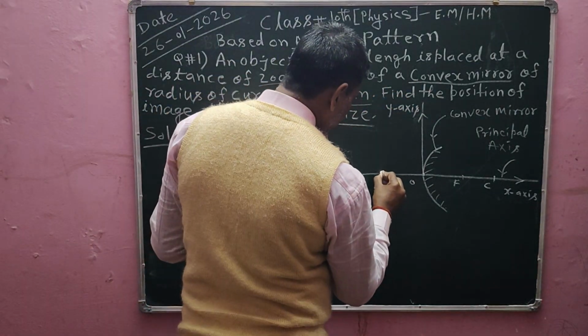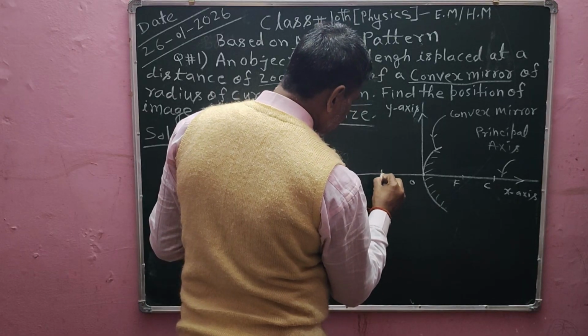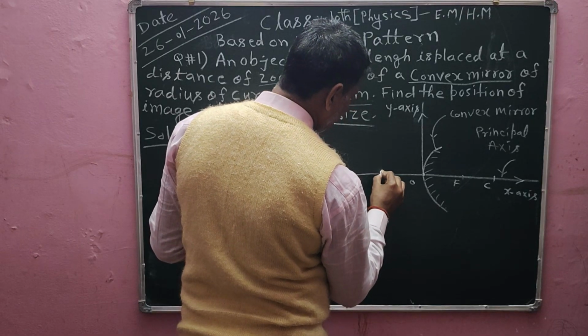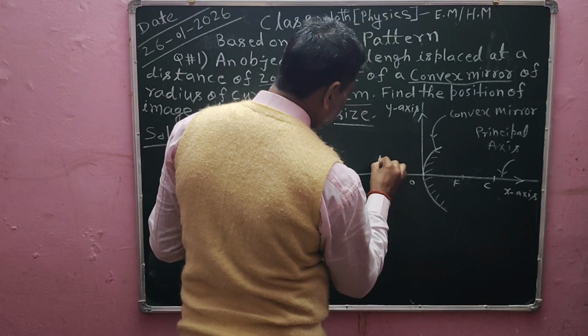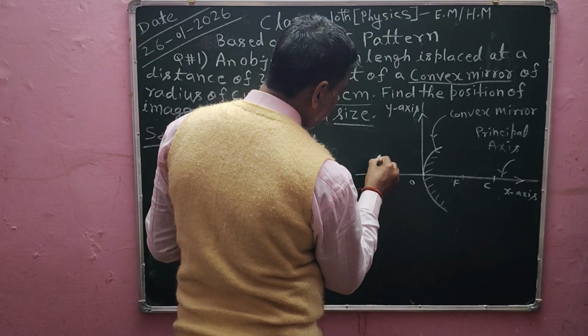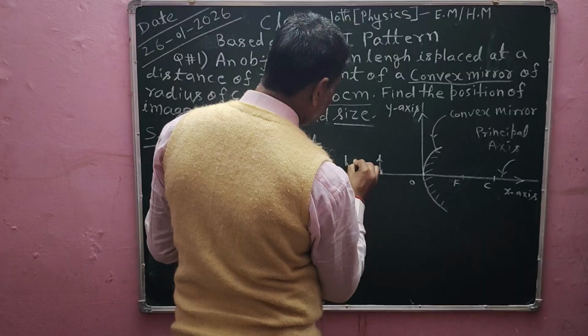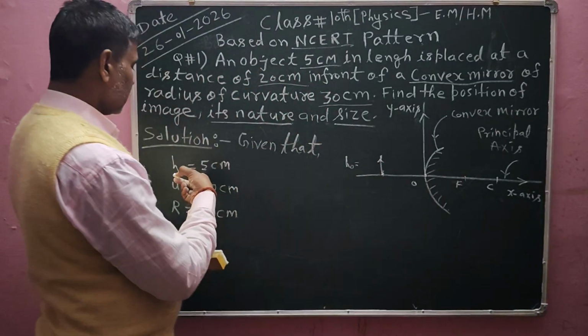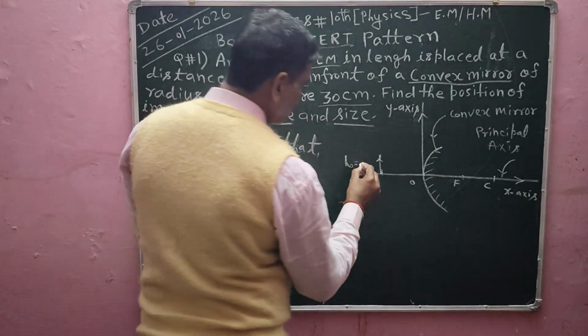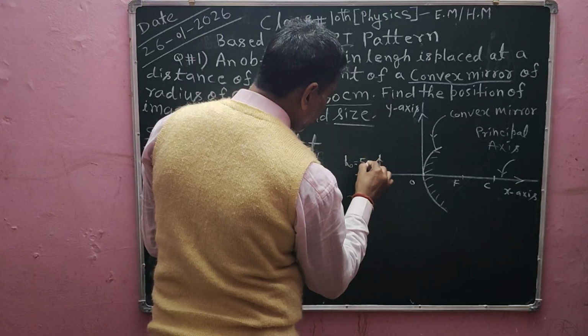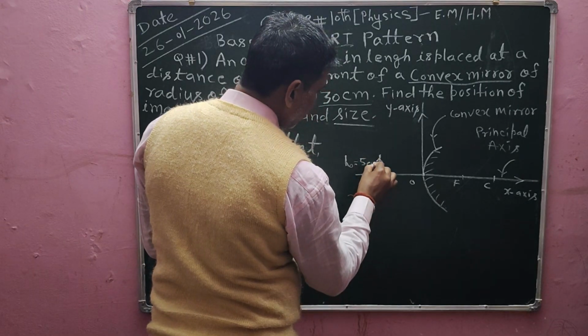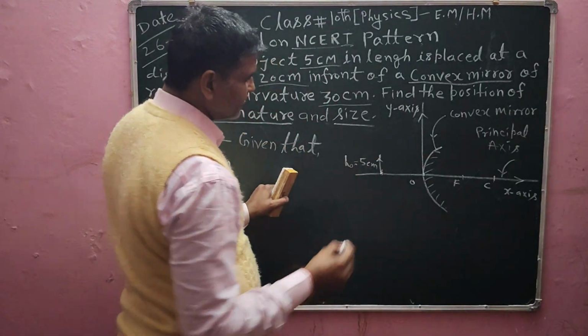So I have to take a point here, and this is the height of the object HO, that is given in the question. Here I have written 5 centimeter. So this height is 5 centimeter.